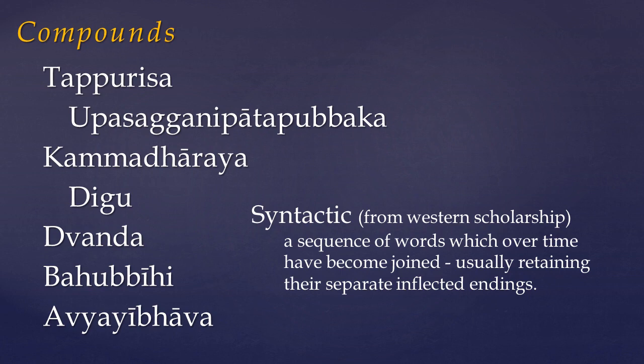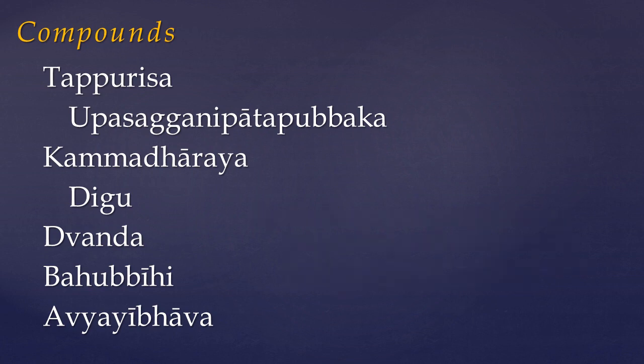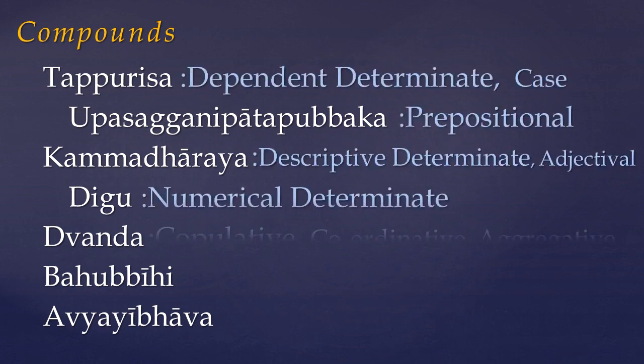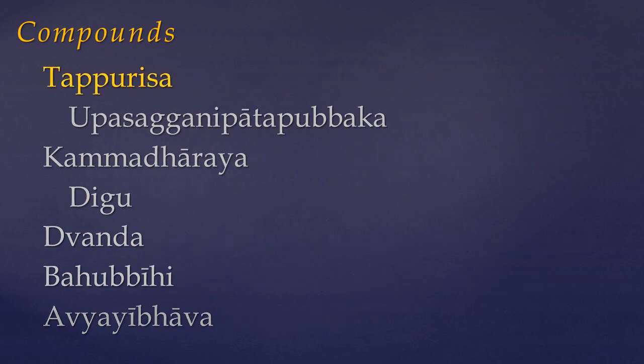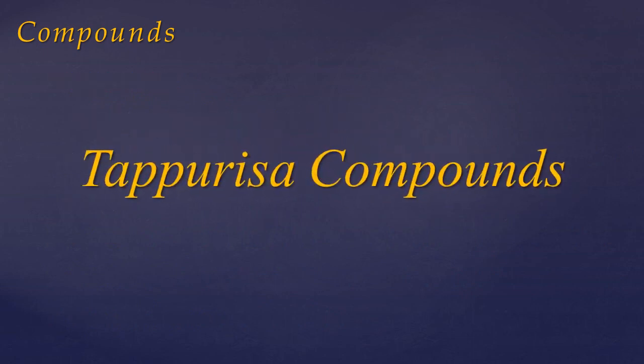Now, contrary to Warder's statement that there are no English equivalent terms for these classes, I would say that in fact most classes have several, but with none being universally accepted. I'll list some of the more common ones here. Warder works through these classes one by one, and in Lesson 13 we're going to look at Tappurisa compounds.